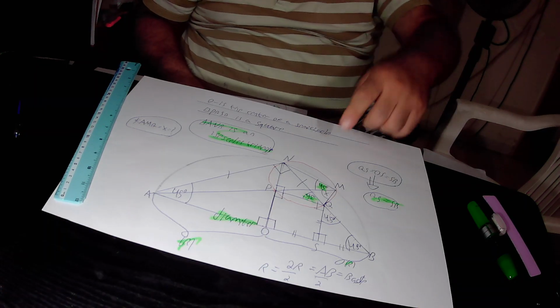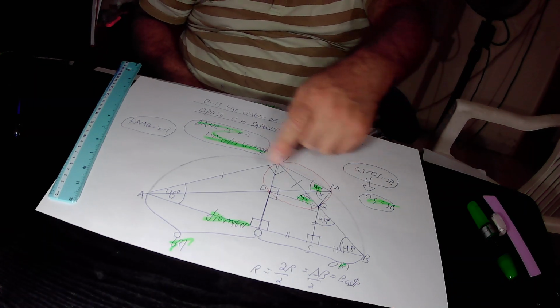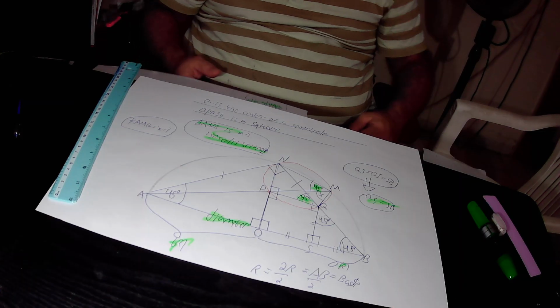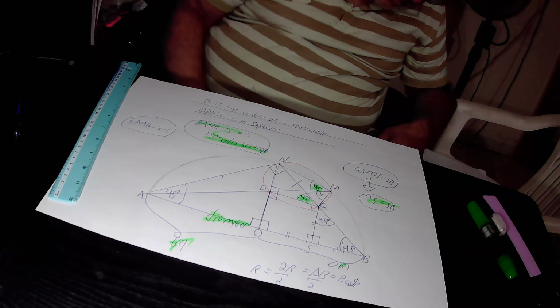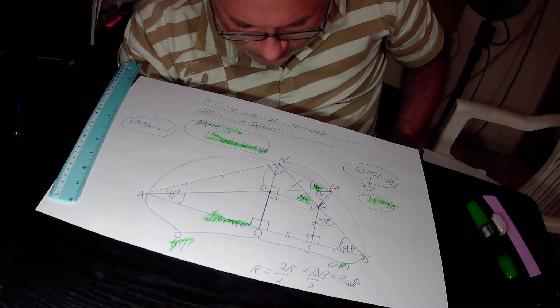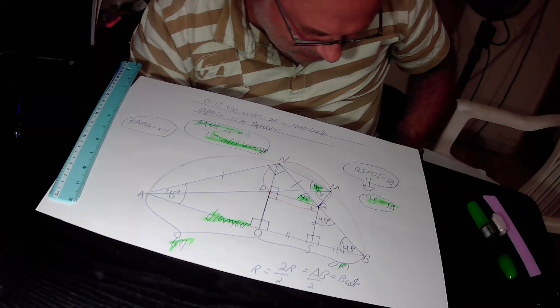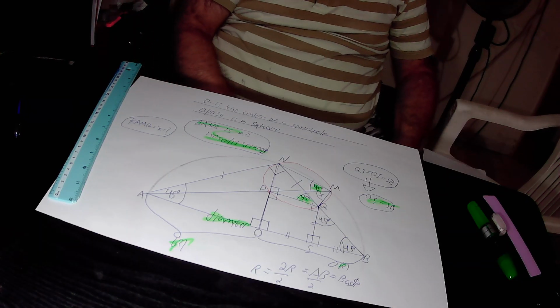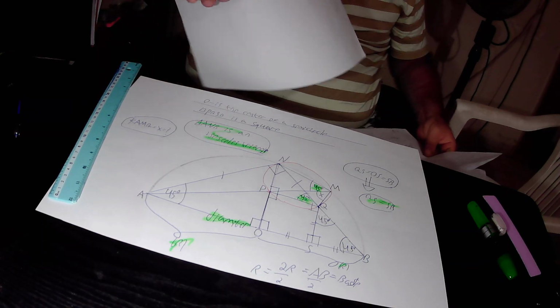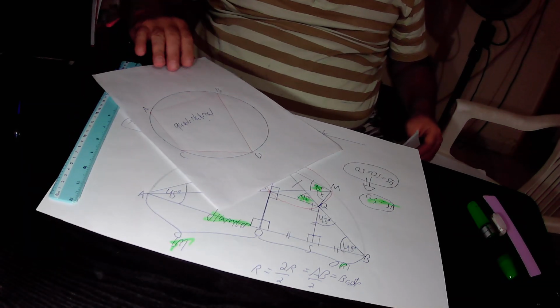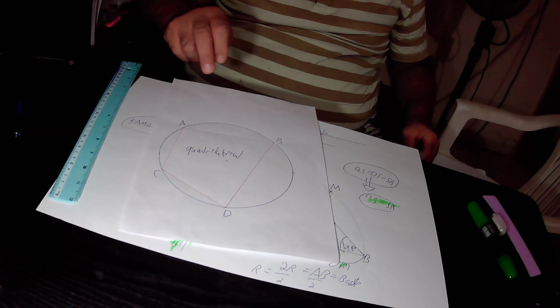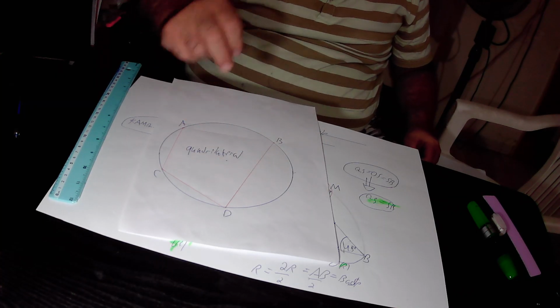I'll show you the proof that this quadrilateral NMQP is a cyclic quadrilateral in detail. So, why is quadrilateral NMQP a cyclic quadrilateral? First of all, what is the definition of a cyclic quadrilateral? A cyclic quadrilateral is a quadrilateral that has all of its four vertices lying on a circle.